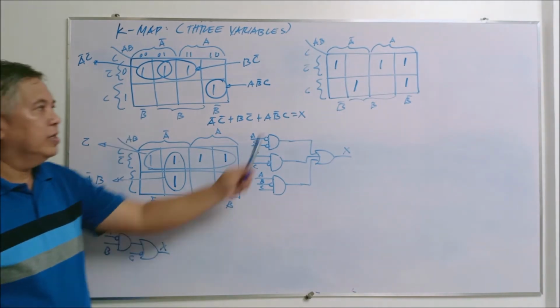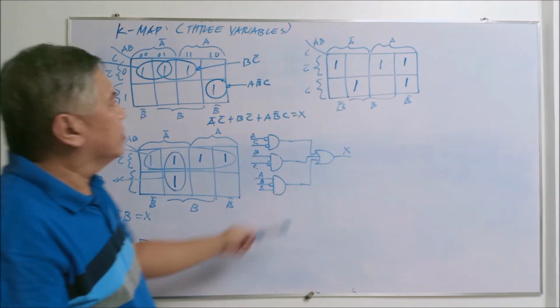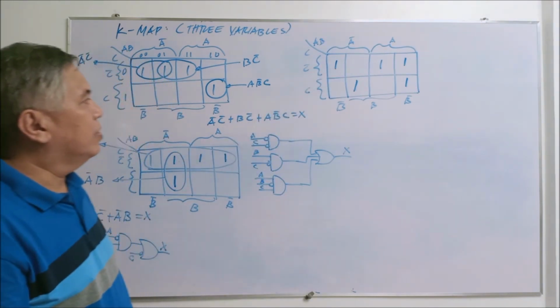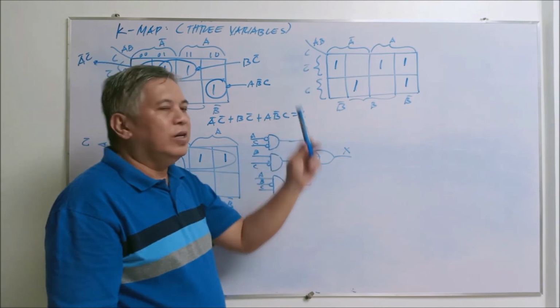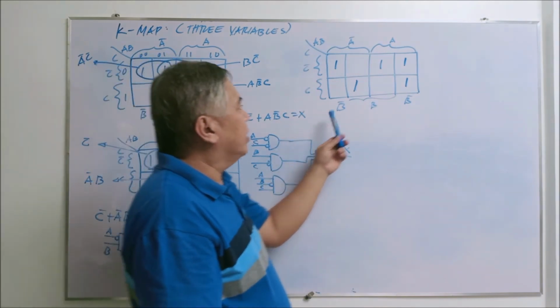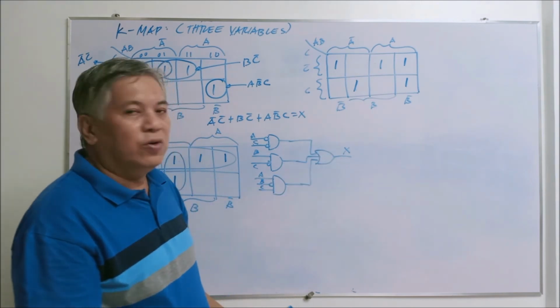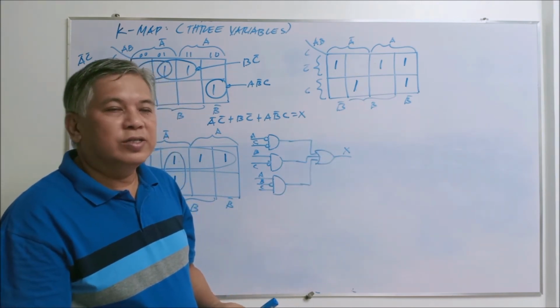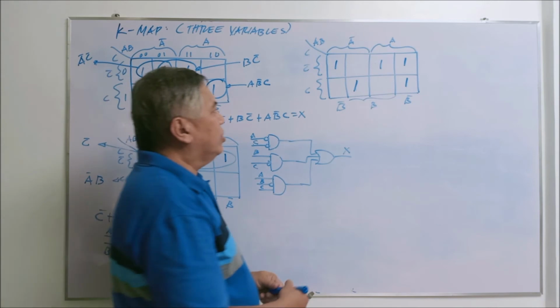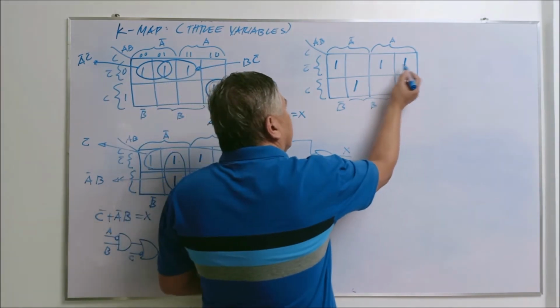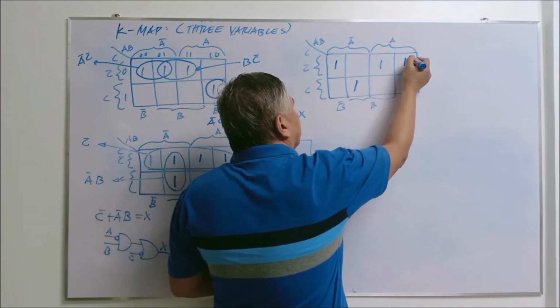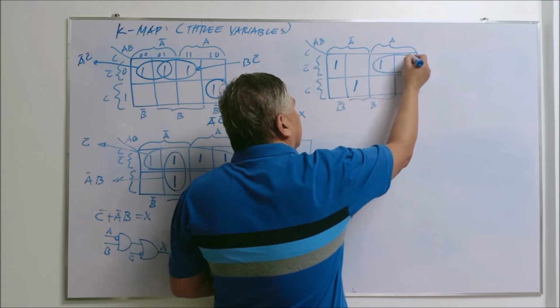Then, the last one will be what? This one. The question here is, is there a 4 adjacent cell? I think there is none. So, we go to 2 adjacent cells. This one here and this one here are adjacent, so we group them as 1.